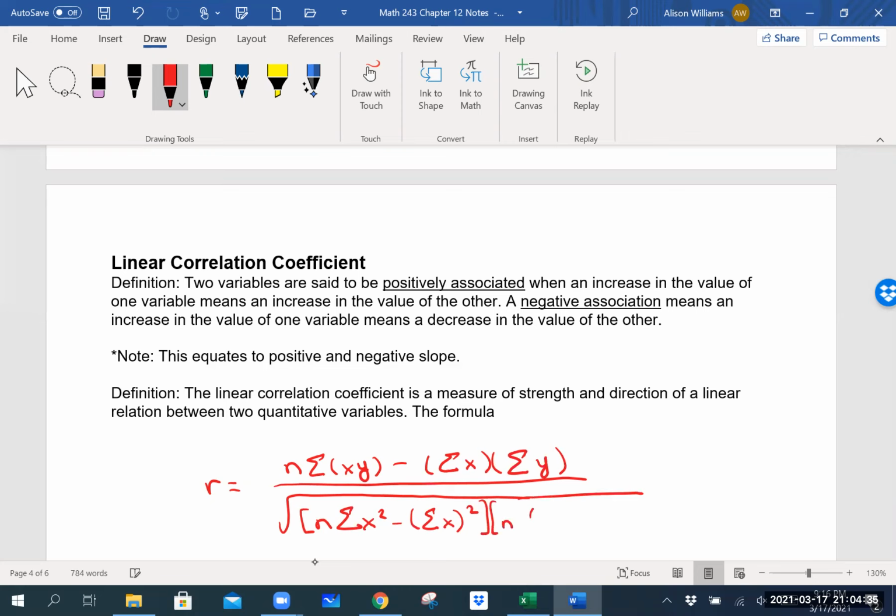So N times the sum of the Y values squared, summing the Y values and then squaring it. Yikes. Oh my goodness, that's terrible.